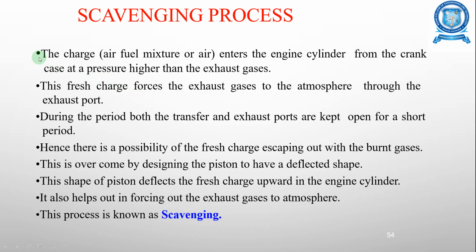During this scavenging process, the charge, that is the air-fuel mixture or air, enters the engine cylinder from the crankcase at a pressure higher than the exhaust gas. This fresh charge forces the exhaust gases to the atmosphere through the exhaust port.